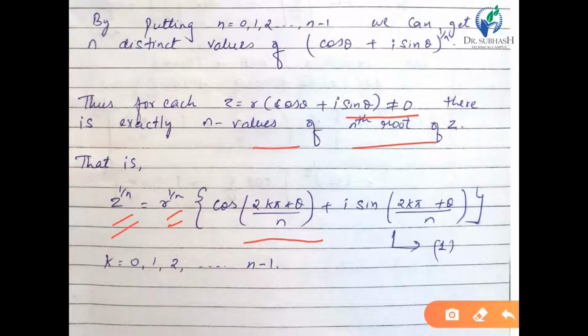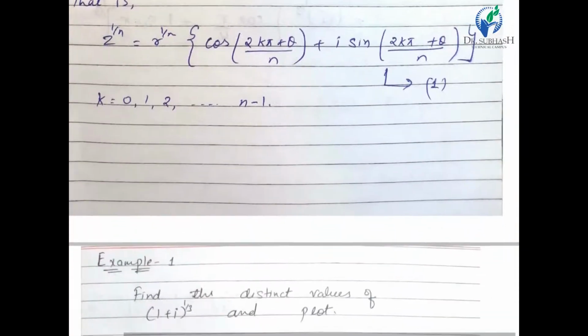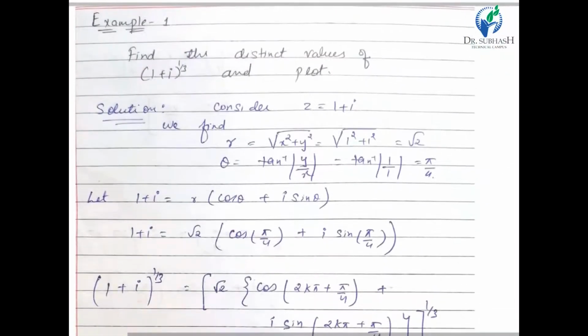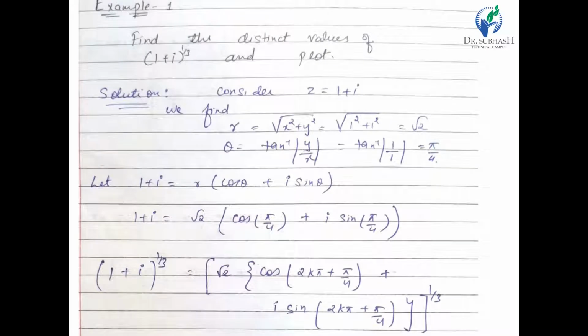We name it as equation 1. Now let us use this formula and De Moivre's theorem to find the distinct values and try to plot them.